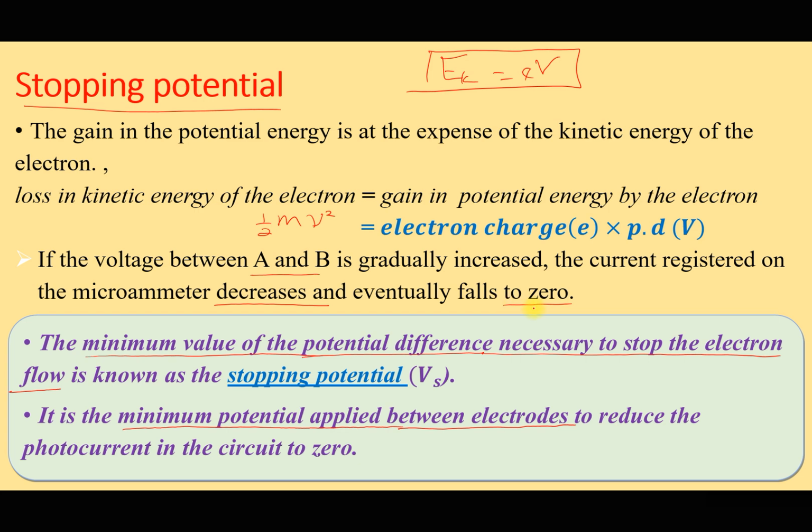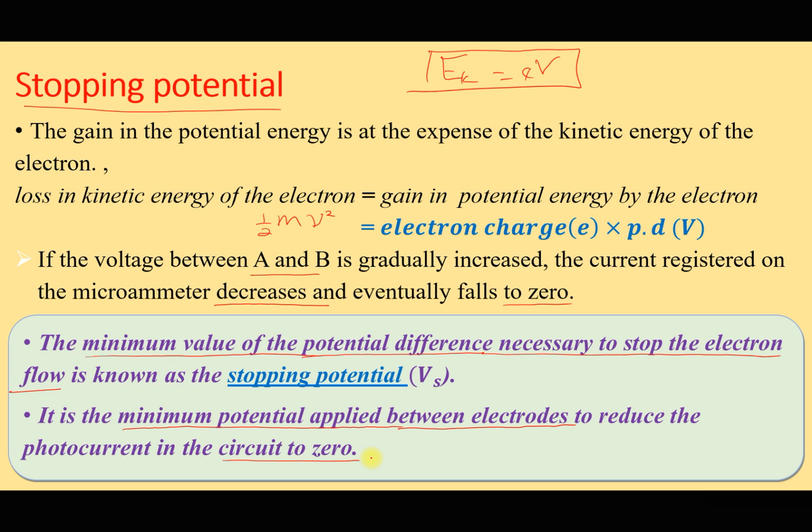It means the photocurrent has gone to 0, since no more electrons can flow from electrode A to electrode B, because the microammeter will not register any reading. So the minimum potential applied between electrodes to reduce the photocurrent in the circuit to 0 is what we are going to define as the stopping potential.